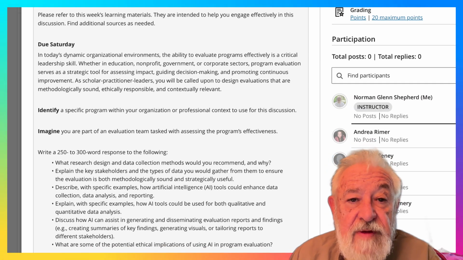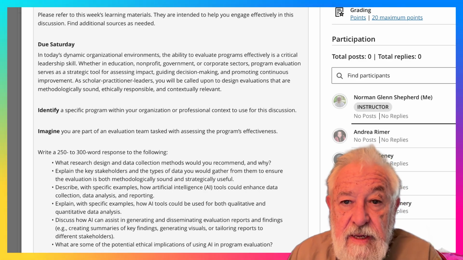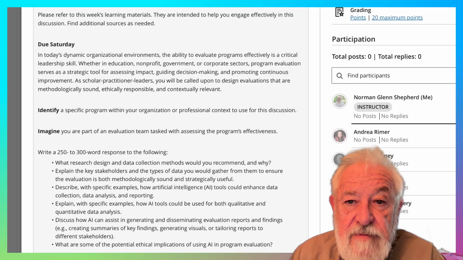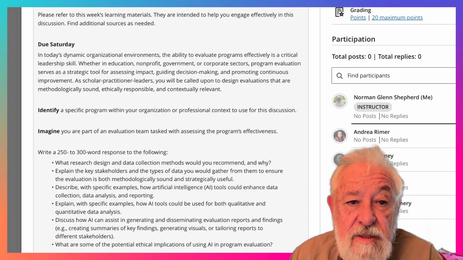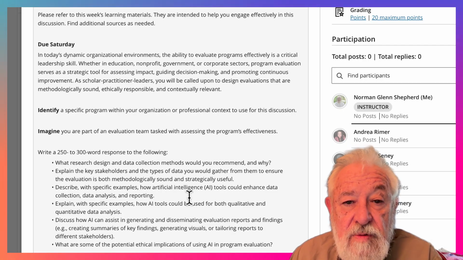You're supposed to identify a specific program within your organization and use it for the context for the discussion. And you just want to talk about what research design and collection methods will be used to explain the stakeholders' type of involvement. You can read this.